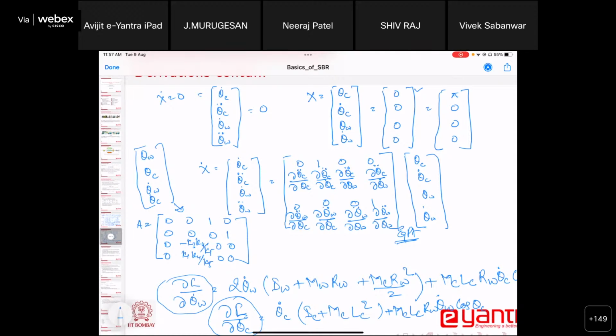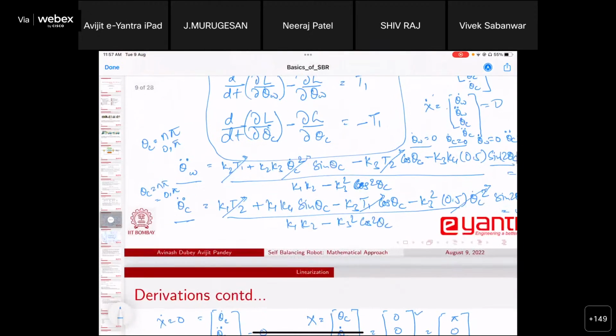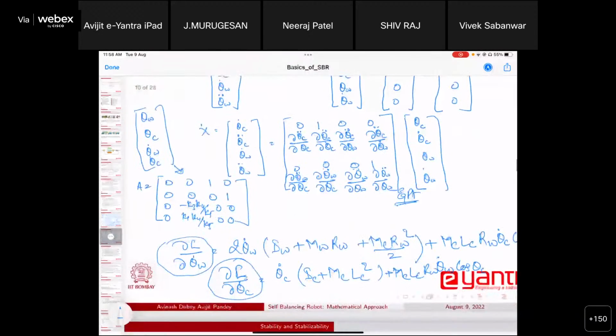Fine. Now if you see carefully, our expression showed us that theta w double dot and theta c double dot only depend on theta c, nothing else. There are no other states involved in these two expressions, which you can also realize from matrix A, that it only depends on theta c, the second variable.